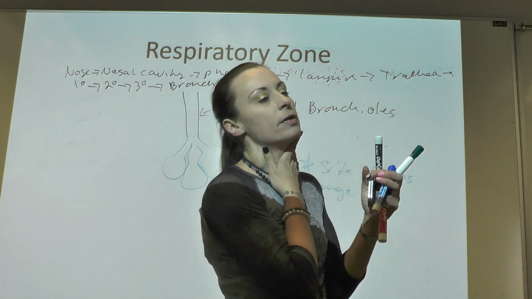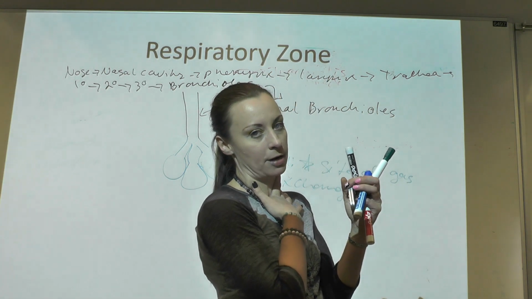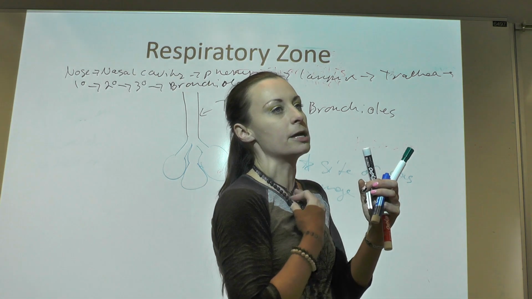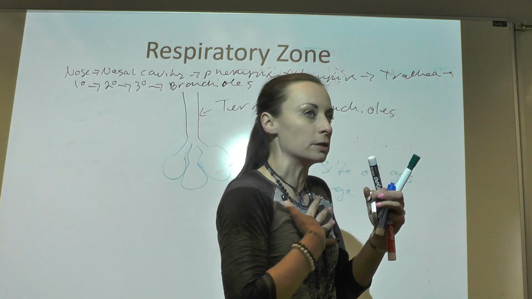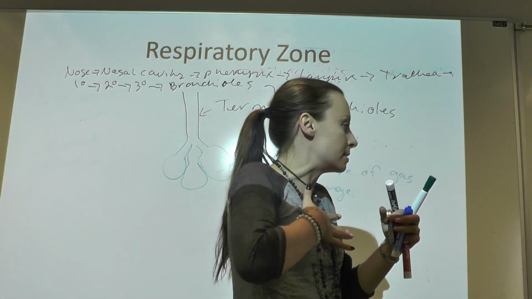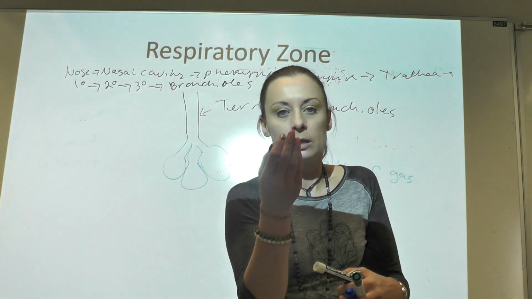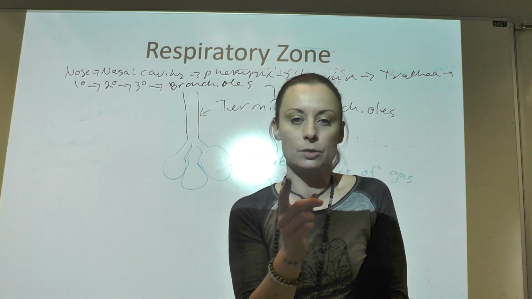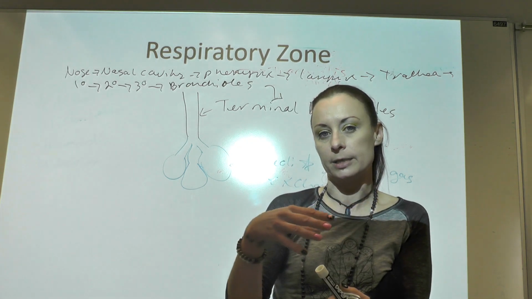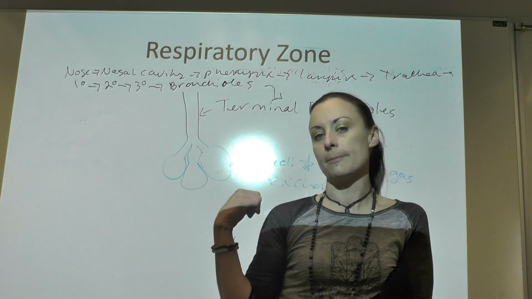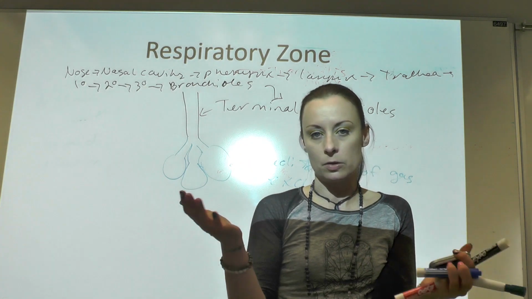As you start out in your trachea, you still have your pseudostratified ciliated columnar epithelium. And as you move down into your larger bronchi, that's going to transition into ciliated columnar epithelium. Then the columnar epithelium transitions into cuboidal epithelium, and that transitions into squamous epithelium, and we don't have cilia on those cells anymore.